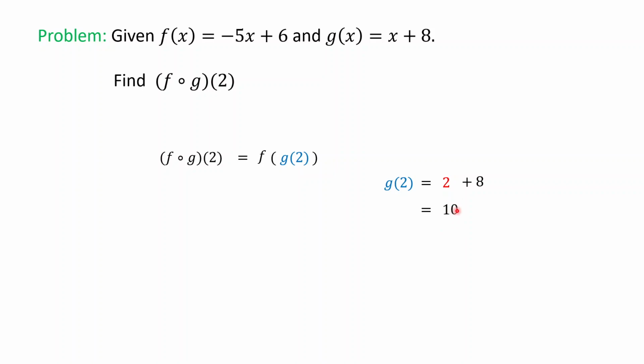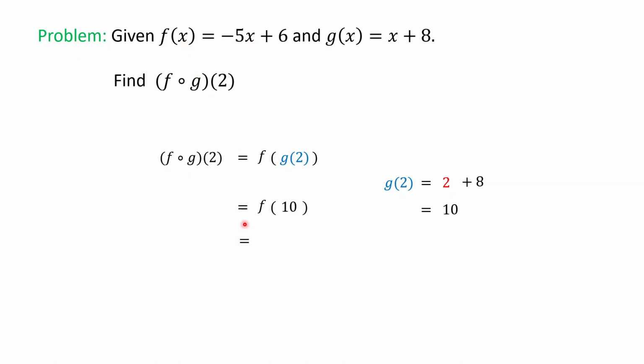Now substitute this for g of 2. You get f of g of 2 is f of 10. Now you need to find f of 10. This is f. Substitute 10 for x.